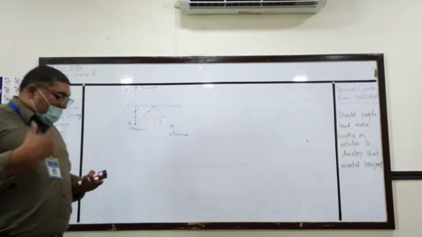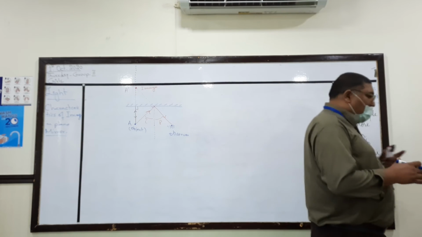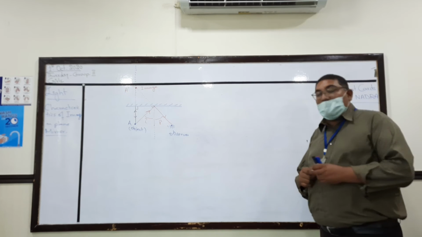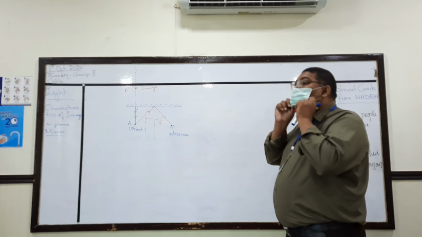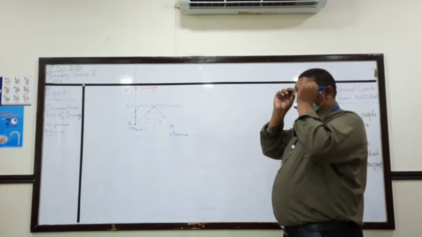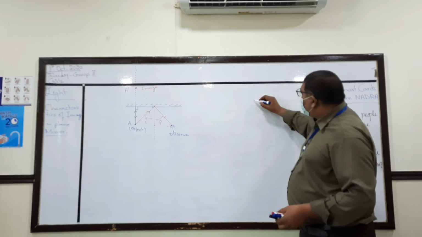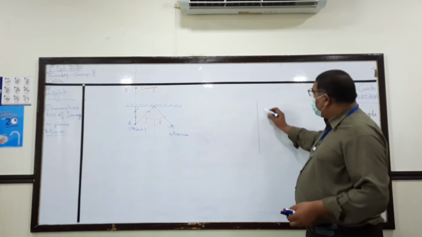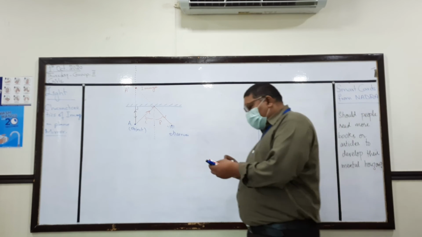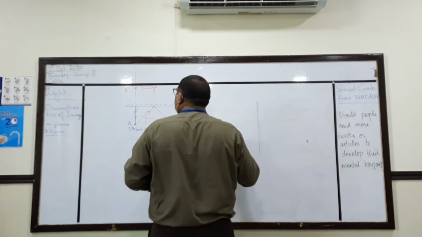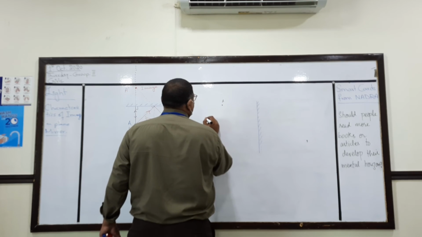We can do one more example on locating the image in a plane mirror. Suppose this is a mirror, and you have an object here.